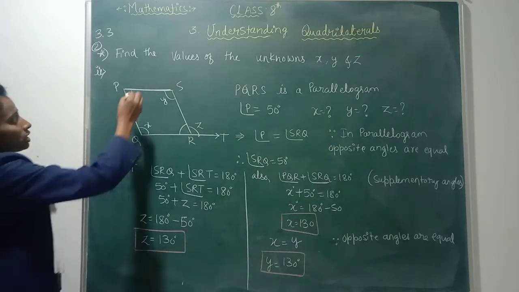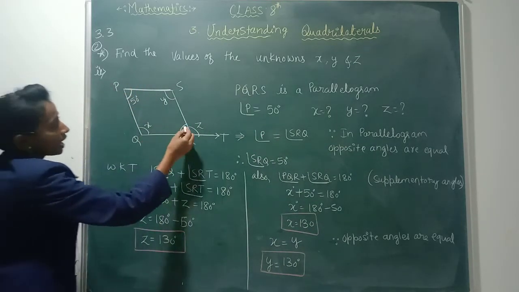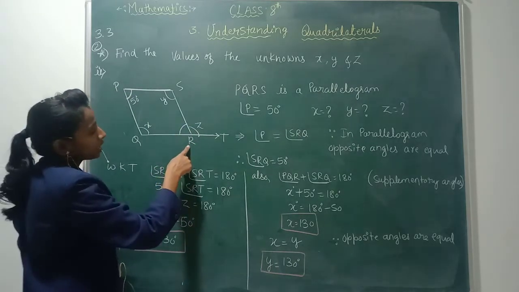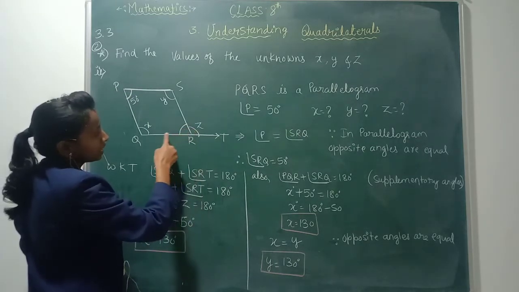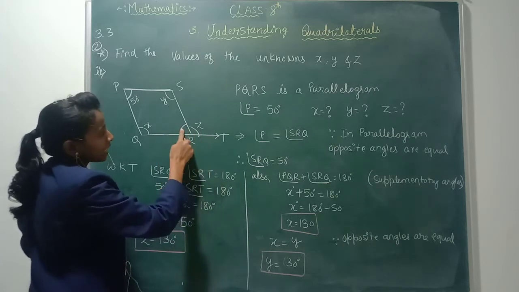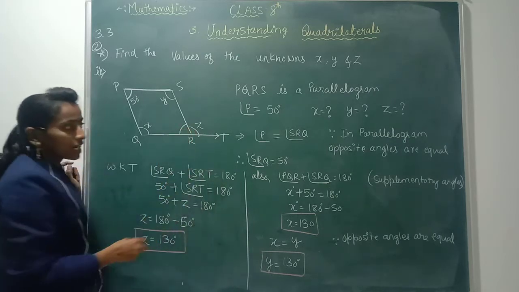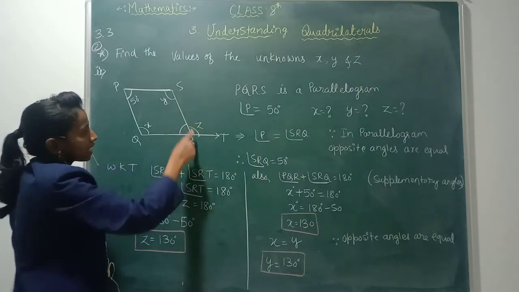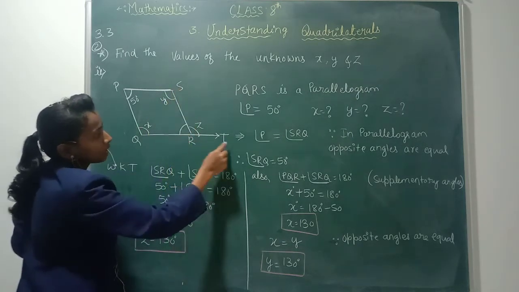Here, see students, the P value and this R value become equal. R is divided again into 2 angles. See, it is a straight line, so it is divided into adjacent angles, SRQ and SRT.